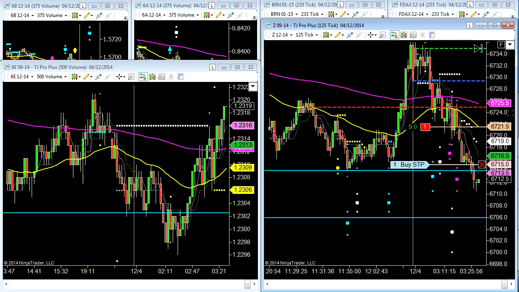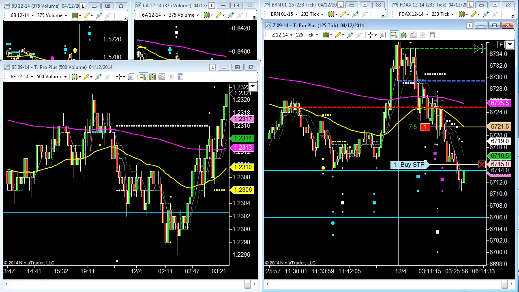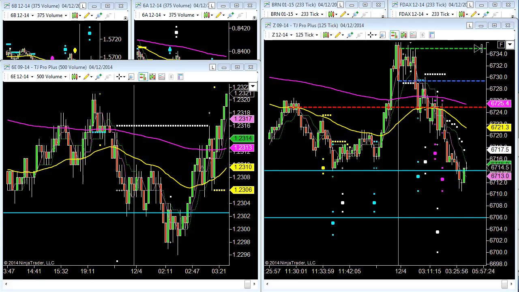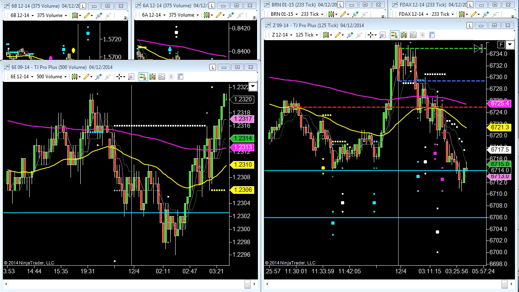So the stop here is at 15, and it pretty much takes that just about now, I believe. Yeah, so we're out for 15 on that, and it's a pretty reasonable trade, something that didn't look great.